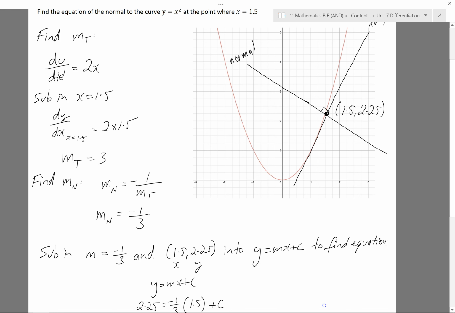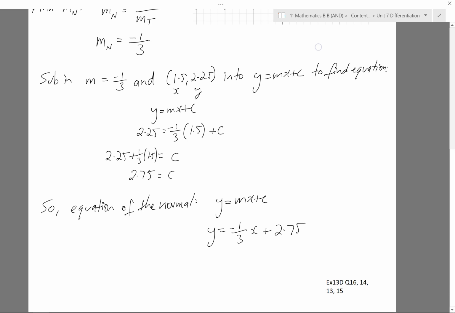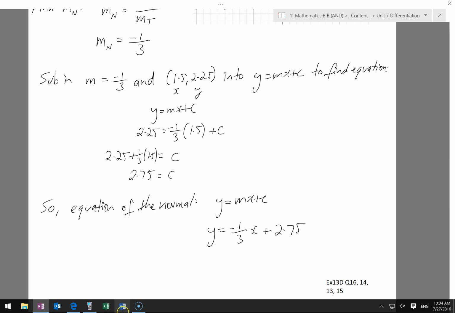Let's have a look at this equation. Yeah, I've drawn it pretty sketchy. We know that it should have gone through 2.75, so it should have looked something like that with the right angles. Again, I should be able to check this on my calculator.